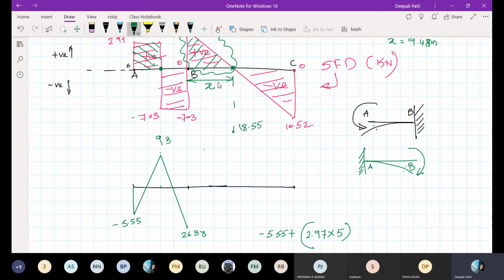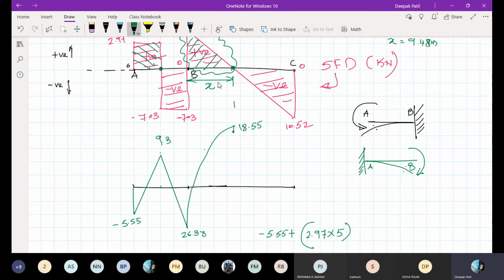Will you join with a straight line or what? Parabola. Why parabola? Because we have a uniformly distributed load. Okay, so this is 26.38 comes here.